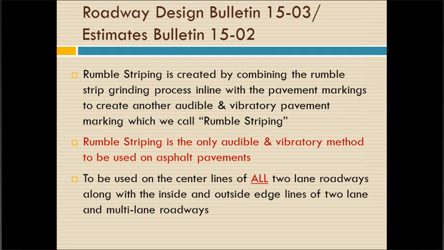So if you think of what audible vibratory is, the biggest thing is, is it concrete? If it is concrete, you'll stay with the profile thermoplastic. If it's asphalt, then you'll be using the new rumble striping. I'll get into a little more detail when we get into rumble striping about the two different types.